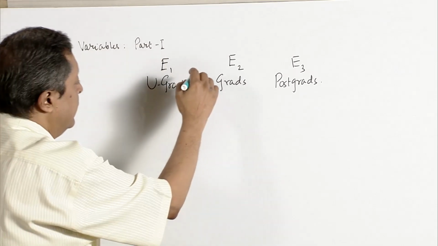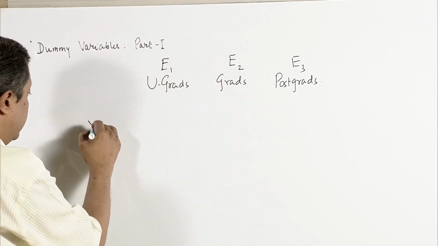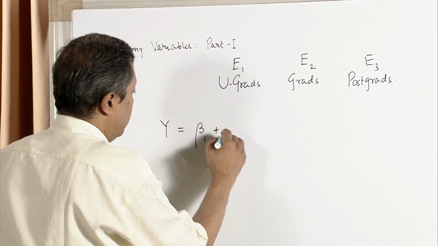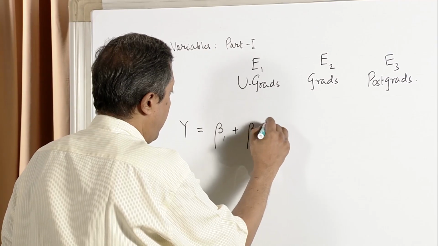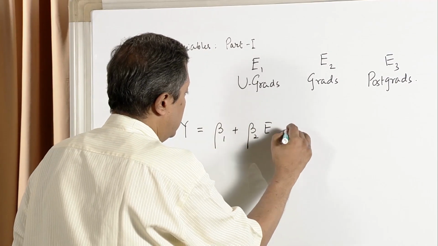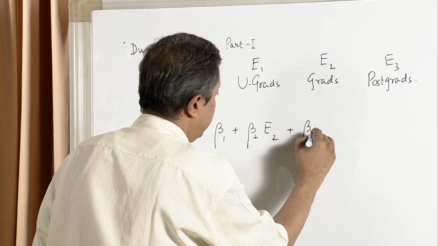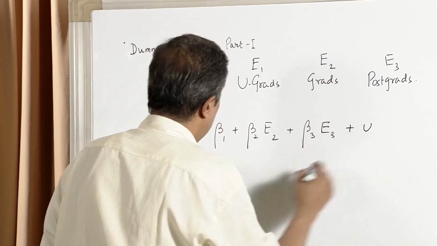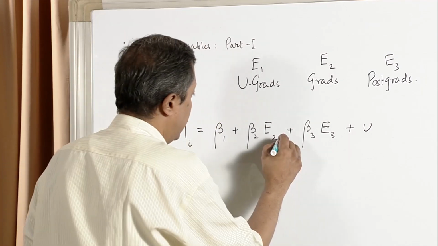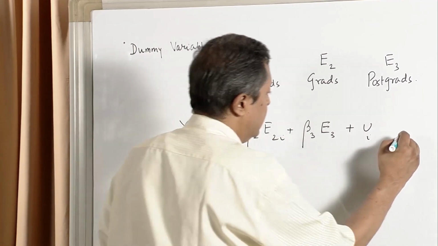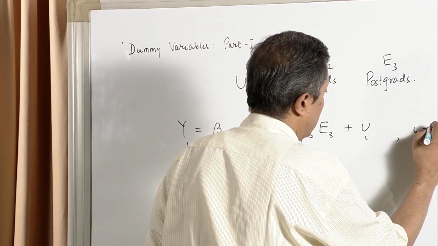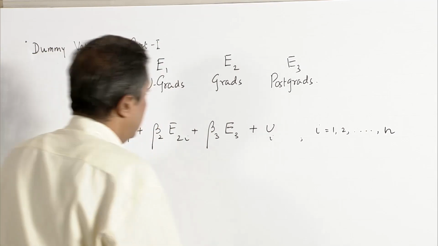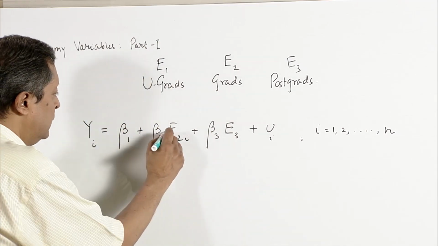In the regression model, however, we will write y is equal to beta 1 plus beta 2 E2 plus beta 3 E3 plus u, and we put the subscript i for the ith observation, with i running from 1 up to n. So, what is the meaning of this model?